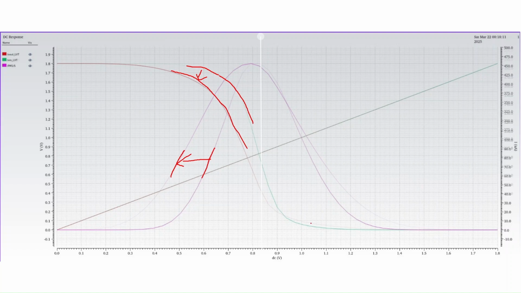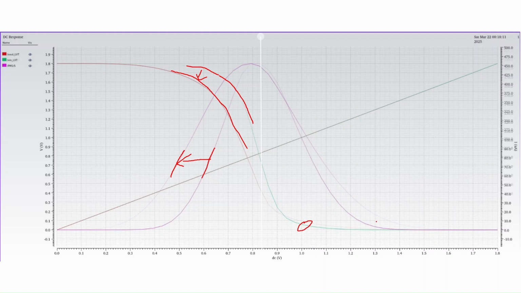Also we can see that at this point the difference is very minimum. So this is the comparison of the voltage transfer characteristic curves for low threshold voltage and high threshold voltage devices in VLSI design.